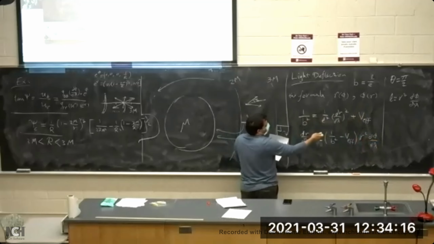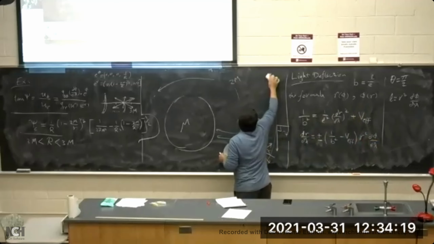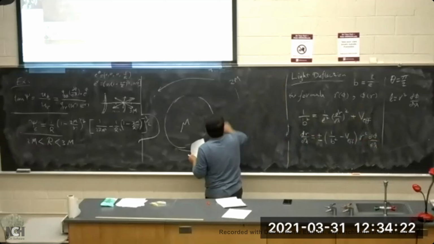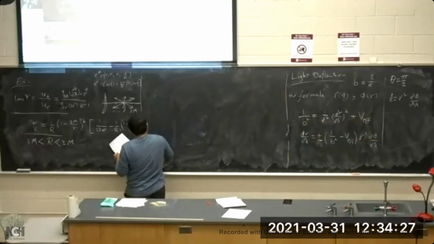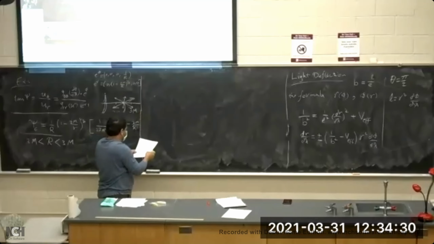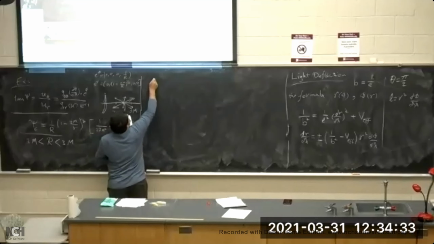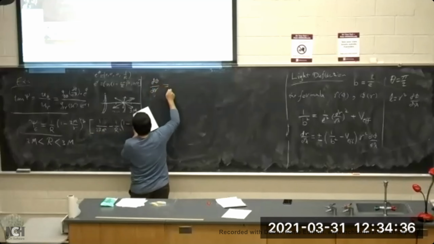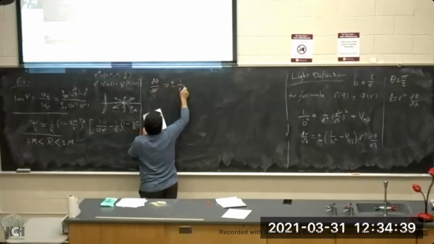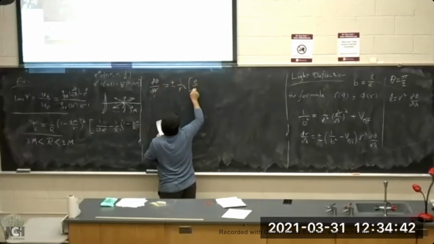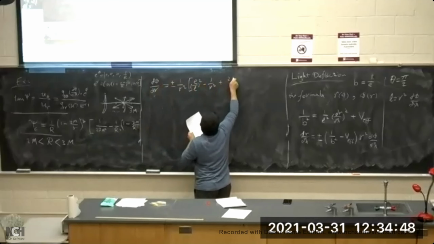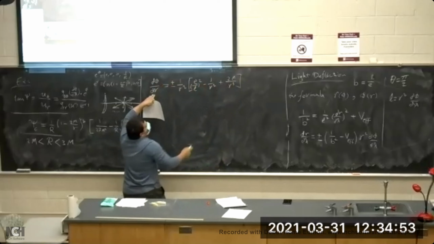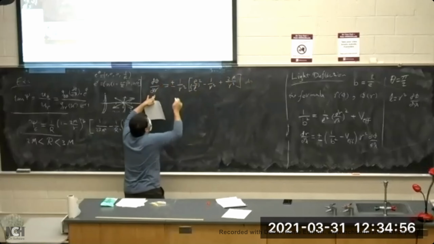Now we can find dr by d phi, or phi as a relation of R. So we can find that d phi by dr is equal to plus or minus 1 over R squared times the square root of E over L squared minus 1 over R squared plus 2m over R cubed. Putting R here, dr here, and finding the integral.